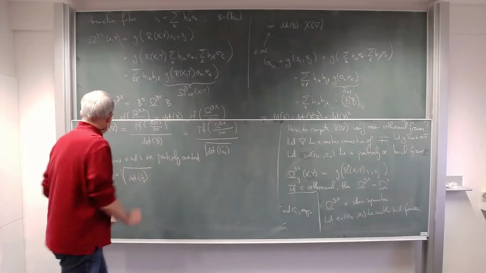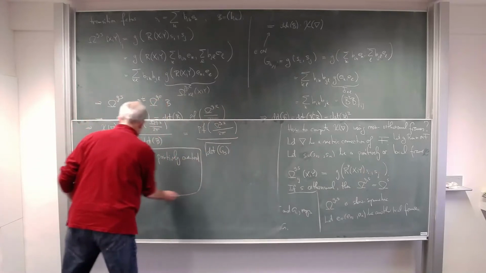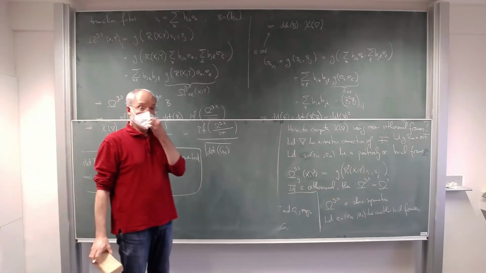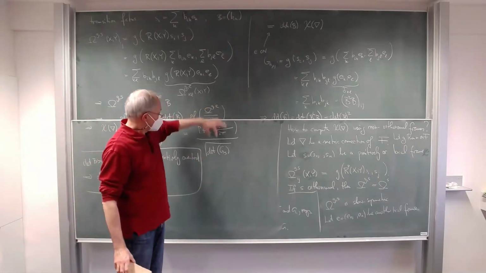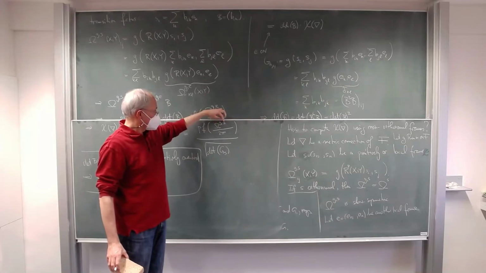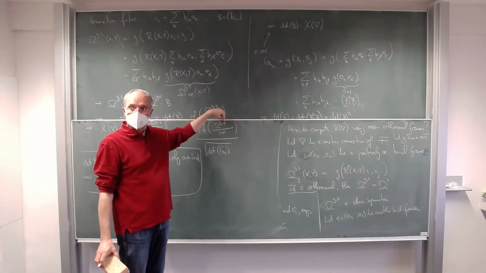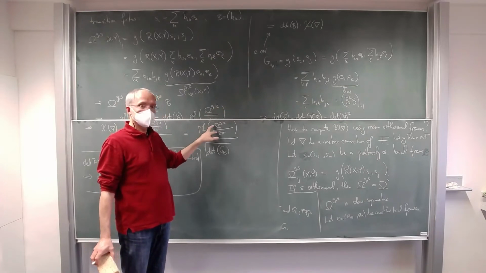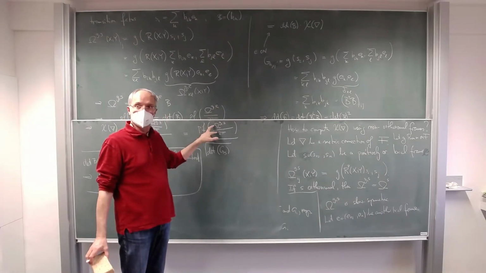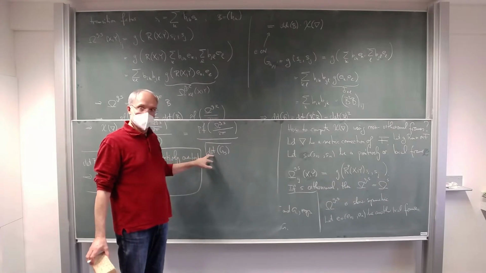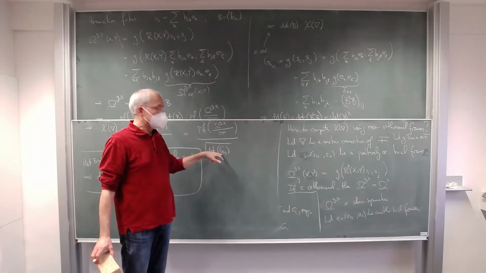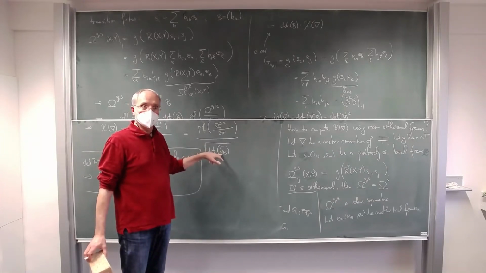And now in these expressions, on the right side, the frame E makes no appearance anymore. The frame E is gone. Both terms are just computed in terms of the frame S. So you take the Pfaffian of this metric curvature matrix, but you have to correct by this factor here, which is the square root of the determinant of the matrix representing the metric in terms of the given basis.